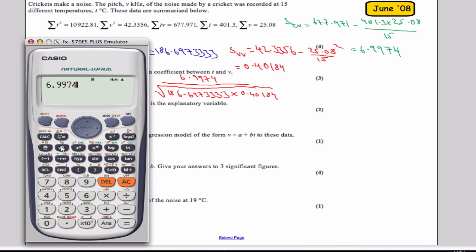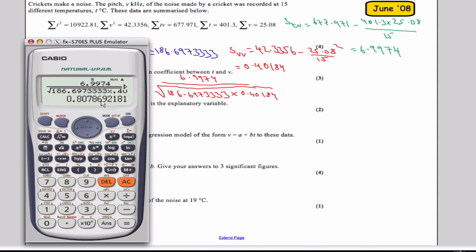6.9974 over the square root of 186.6973333 times by 0.40184, and we get 0.807869281.